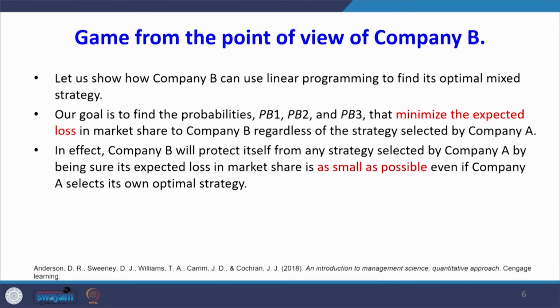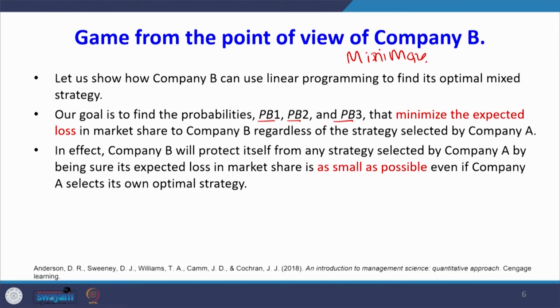Let us show how company B can use linear programming to find its optimal mixed strategy. Our goal is to find the probabilities, that is PB1, PB2, PB3, that minimize the expected loss, because we know company B will play this strategy, which is called Minimax. They will try to minimize the maximum loss.